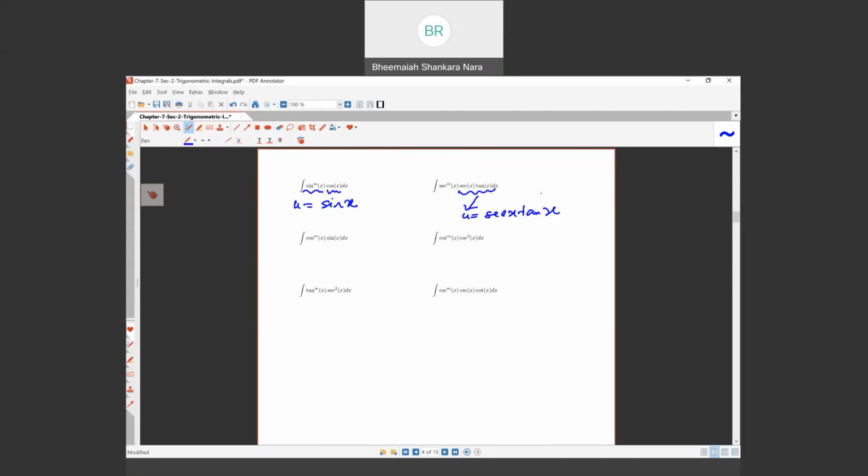I'm sorry, here I want you to take u equal to just secant. I'll tell you why you want to take u equal to secant as your substitution. If you take u equal to secant as your substitution, derive this du over dx. The derivative of secant is secant times tan. So this secant times tan you're seeing here.